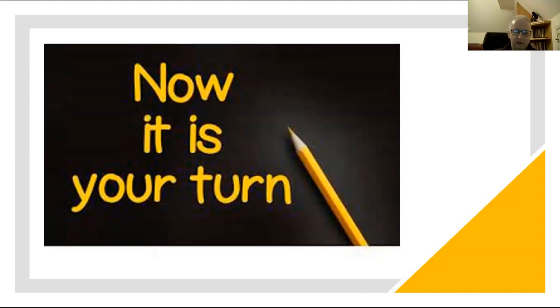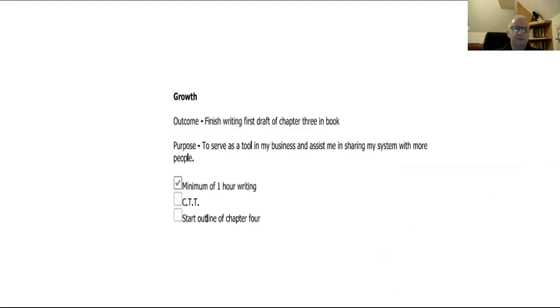And how are you going to get it? R.P.M. Result, purpose, massive action plan. Give it just a minute. Okay, and again, I don't expect perfection, guys. I'm just trying to get you used to thinking like this.